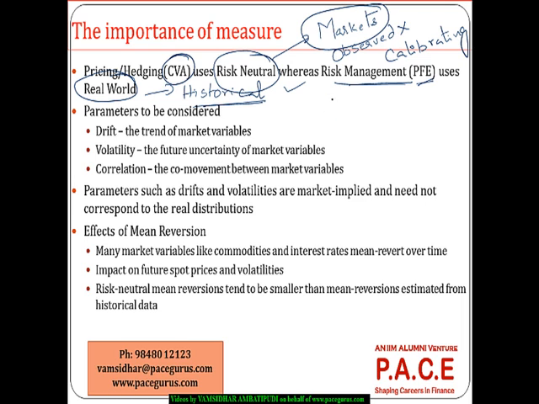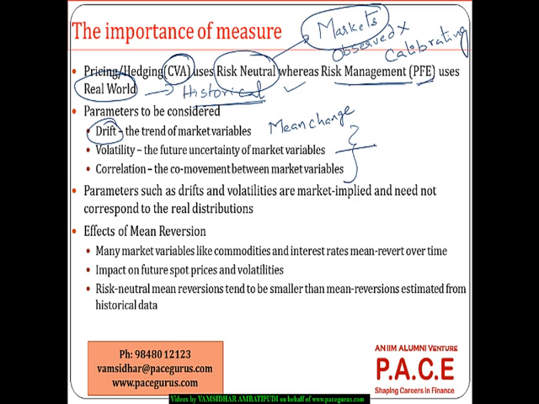So whenever we are deciding between these two, for any particular market variable, I have to look at the three different dimensions of the market variable. Drift. Drift is more associated with the average change, mean change.